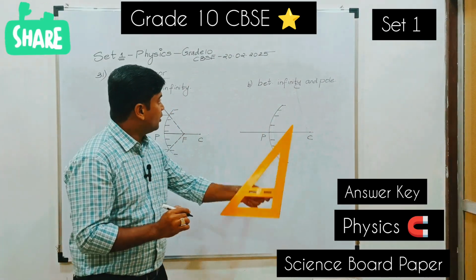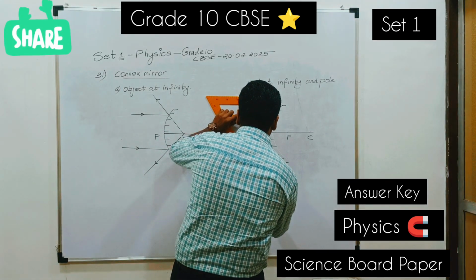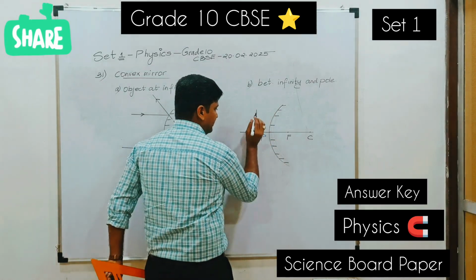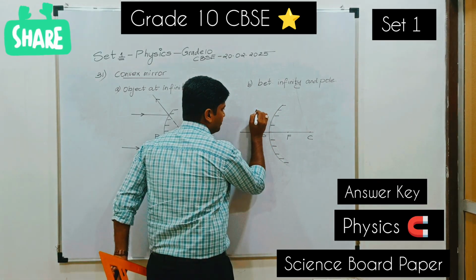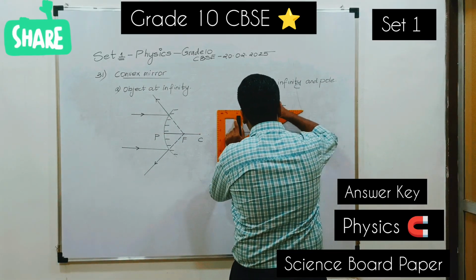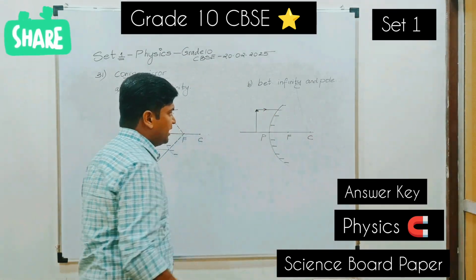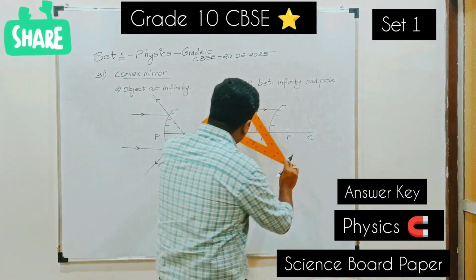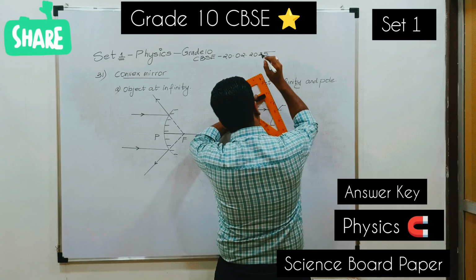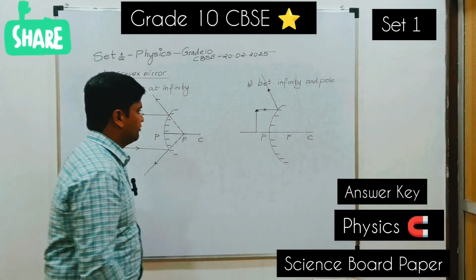Now I'll keep the object on the principal axis because it is set between infinity and pole. The first ray of light I will bring parallel to the axis, and it will get diverged. The diverged ray goes here. So I got the reflected ray.